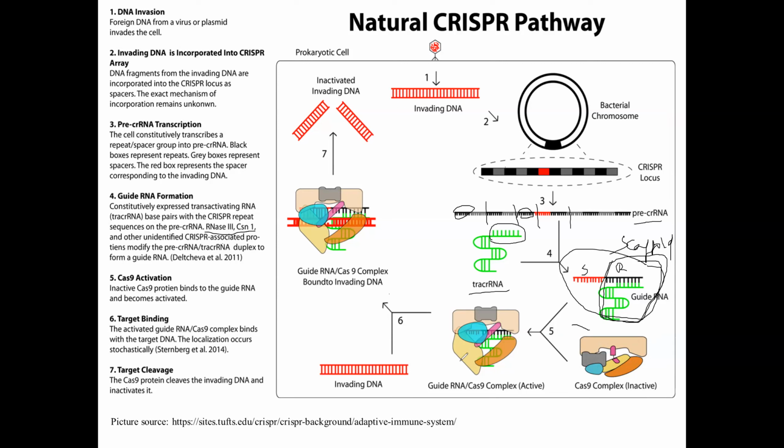So domain rearrangement happens, and now it is called the guide RNA complex, or ribonucleoprotein: the guide RNA bound to the protein. It's called the active conformation of Cas9. The spacer sequence is not bound to the protein, so it is free to anneal with the DNA.